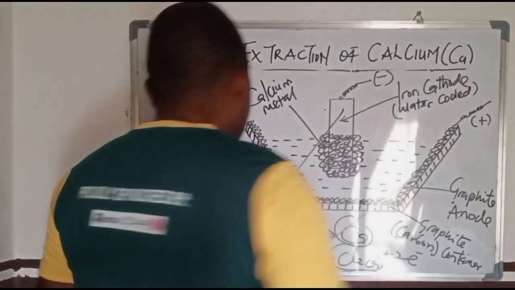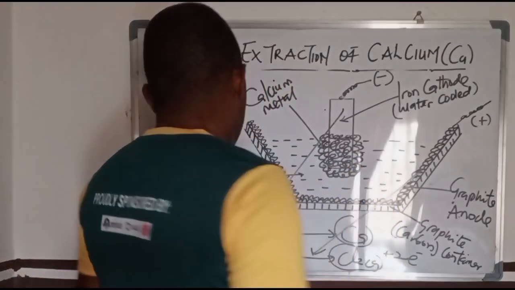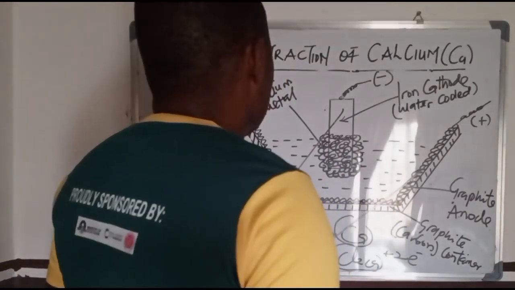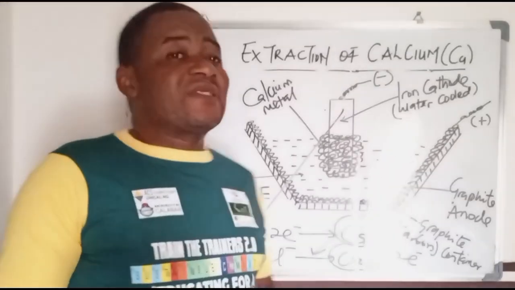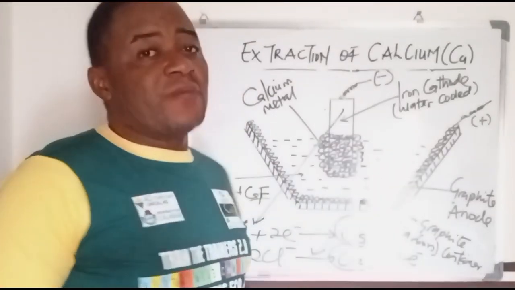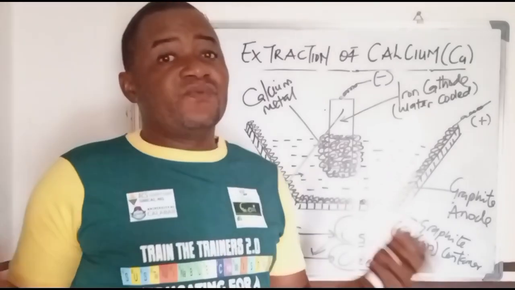And then apart from steel coating, you can also see it being used to produce compounds like calcium hydride or even calcium fluoride.